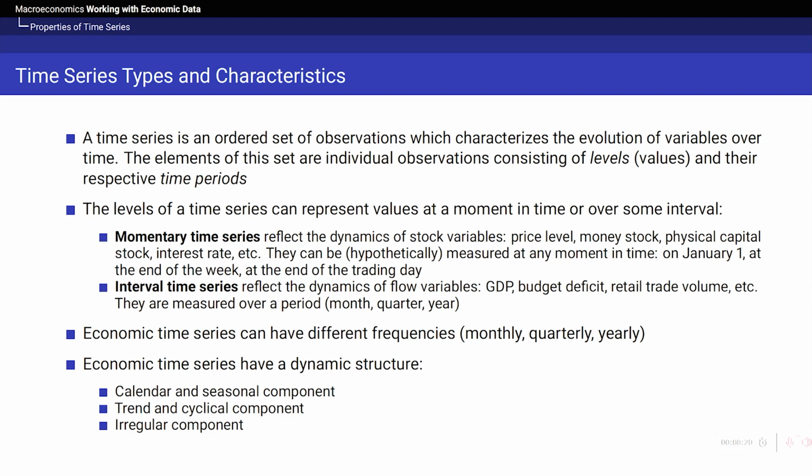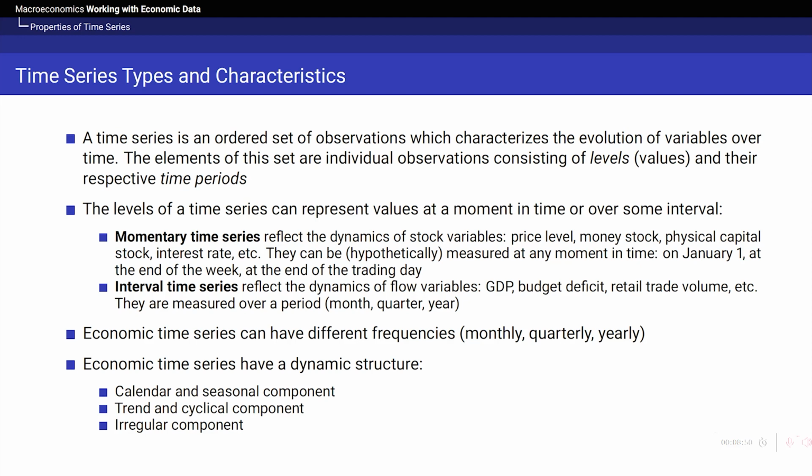In this case, the corresponding time series is called an interval time series. Regardless of their type, time series can be collected at different frequencies. Most of them are either monthly, quarterly, or yearly. For instance, the Consumer Price Index is a stock variable calculated and published monthly. GDP, on the other hand, is a flow variable with a quarterly frequency of publications.